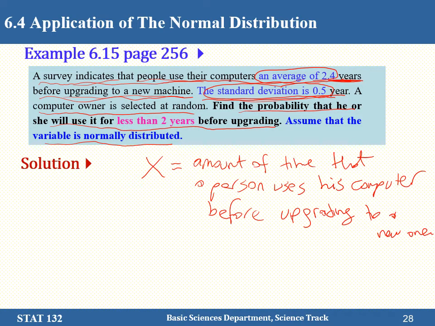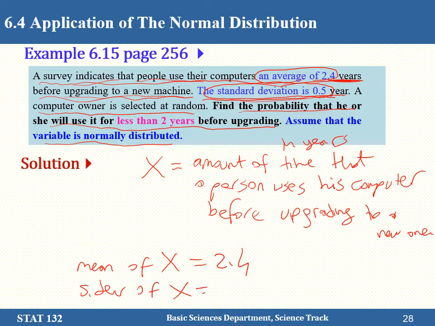Now, X is this amount of time in years. So the average of X is mu here. We will say the mean of X is 2.4 years, and the standard deviation of X is 0.5 years.